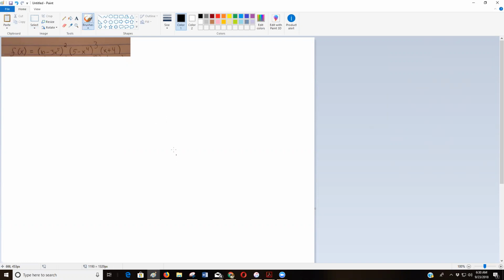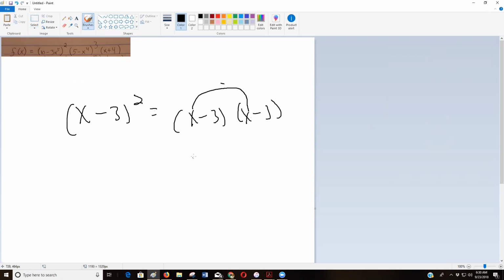So instead of expanding it all out, let's see, is my pen working here? Yeah. I know if I have x minus 3 squared, doesn't that mean x minus 3 times x minus 3? Well, let me expand this out because this one's fairly easy.